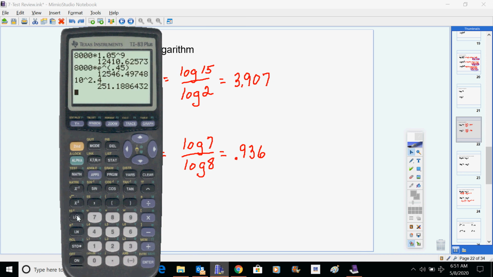So we can hit log of 15 divided by the log of 2, giving you 3.907. Go ahead and round it to 3 decimal places in a standard way so you're used to what you're going to be typing in. We want to make it as standard as possible for the ease of entering it and knowing what to expect. So here once again, log of 7 divided by the log of 8.